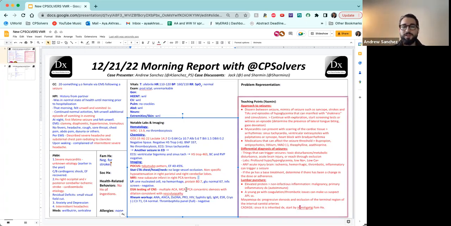So they discharged her really without a clear answer, but now we think we have an answer in the outpatient setting. What they did is they stopped her sertraline, with concern that it may be precipitating RCVS, as SSRIs are a common trigger of RCVS in patients with this disease. And they started her on verapamil.